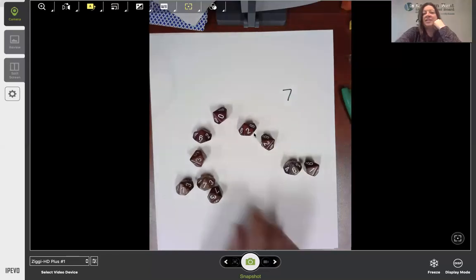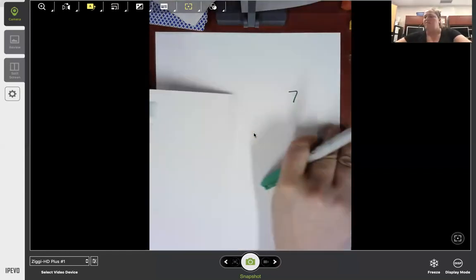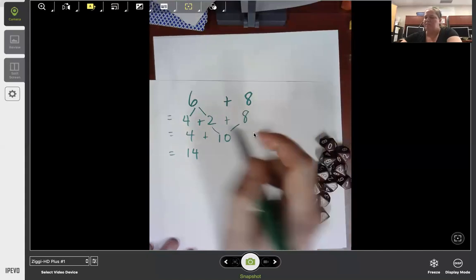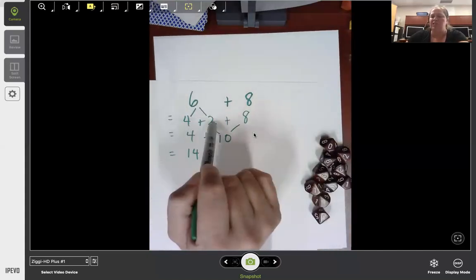Now, Heather, is it okay for them to use 3 dice to make the number 7, or should they stick with 2 dice? That's a good question. For some games, you want it to just be 2 dice. And I think for this one, sticking to 2 dice is an important part of the game, because if we go back to up over 10, then what we needed them to be able to do was to decompose numbers flexibly into 2 pieces.